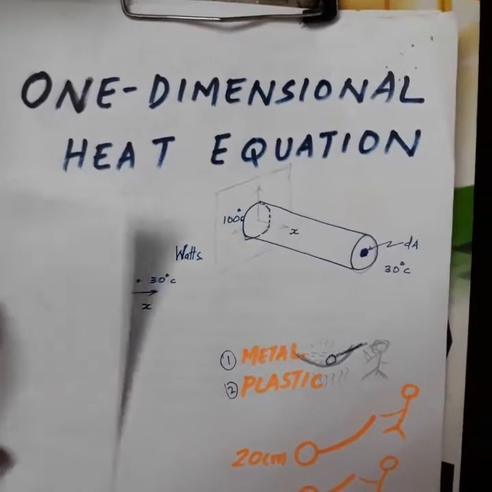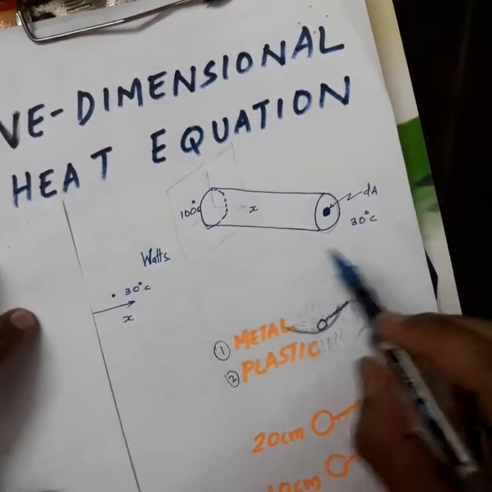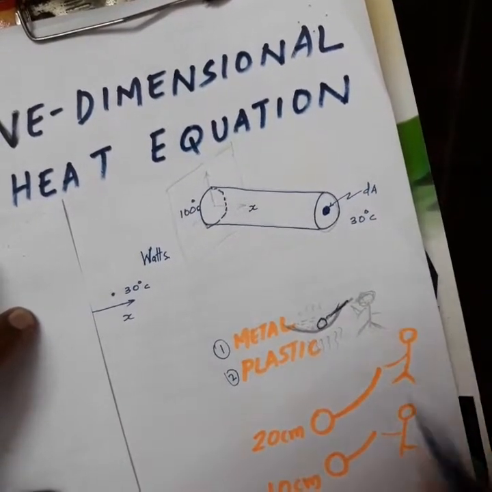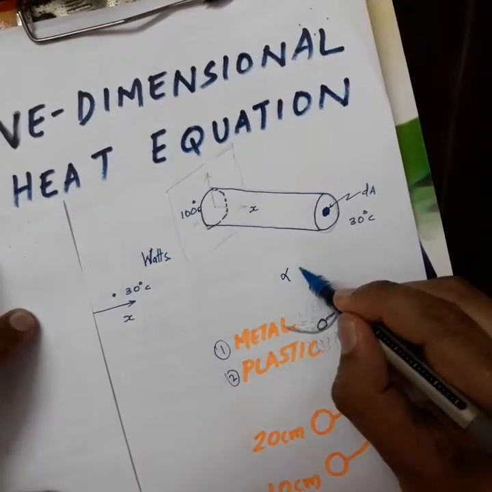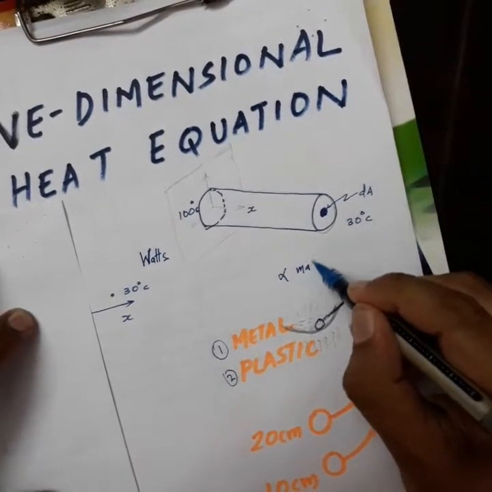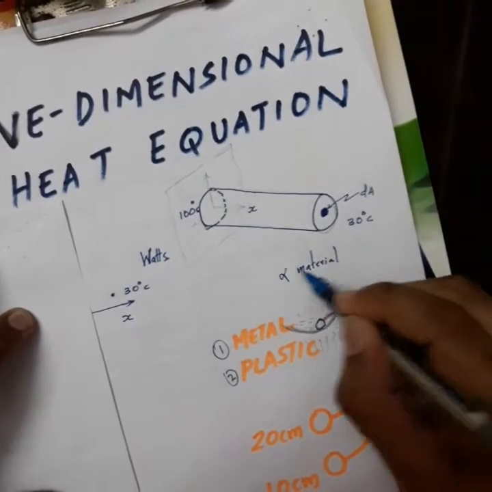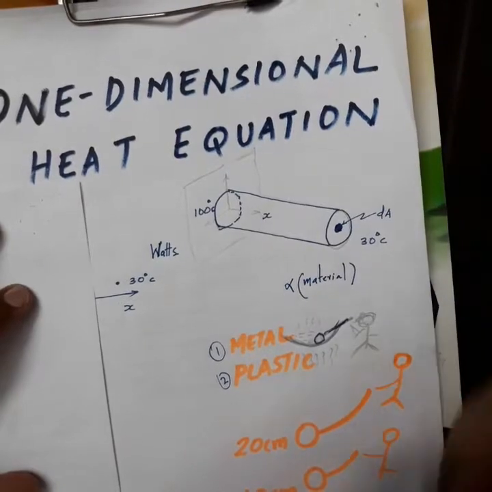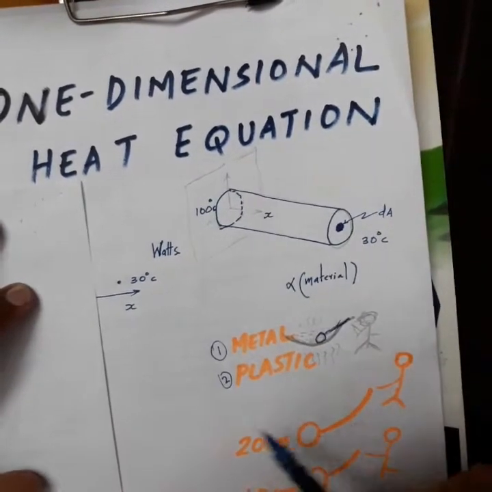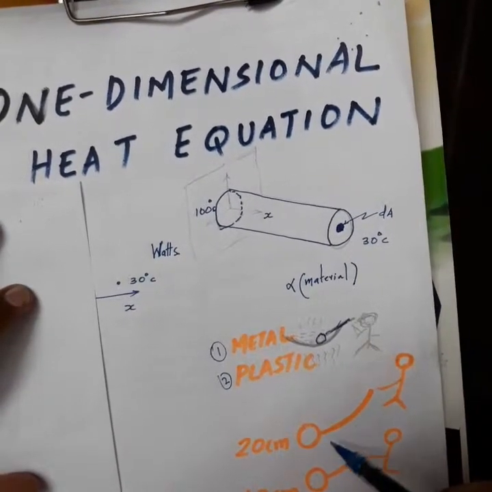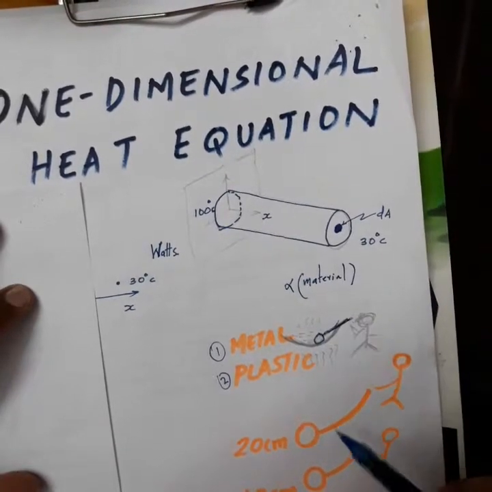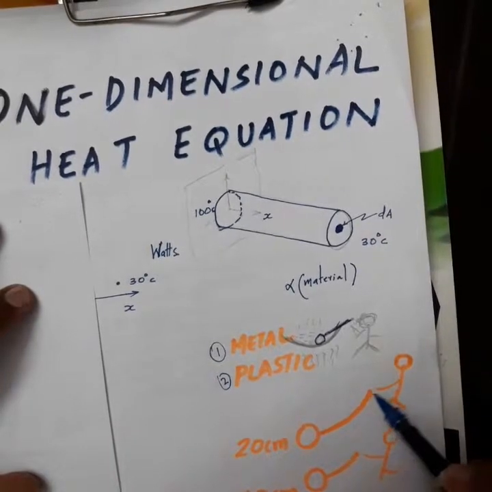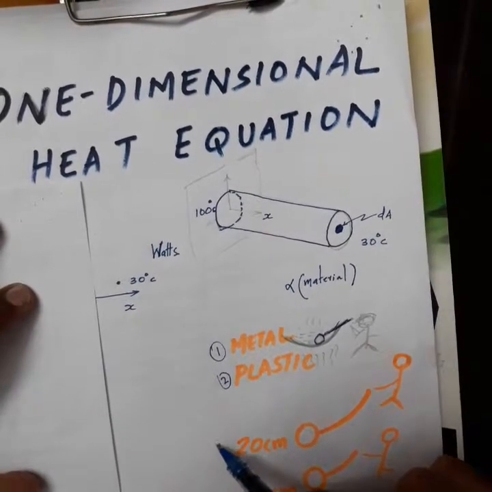So whatever this energy in watts is, it depends upon the material we are using. Now this was the first thought experiment. Now go to the second thought experiment. Let's say the length of this utensil is 20 centimeters in case 1.